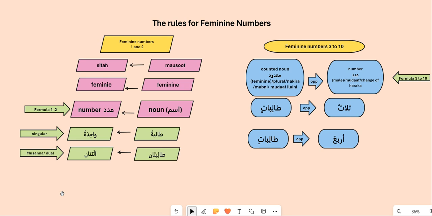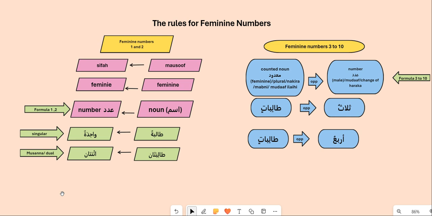And if you check the ma'dud and it is female, know that you are doing the female numbers. So in the previous lesson, lesson number 19, we did the male numbers, where you learned about the male counted nouns and about the rules of 1 and 2 and separate rules for 3 to 10, I'm so sorry.